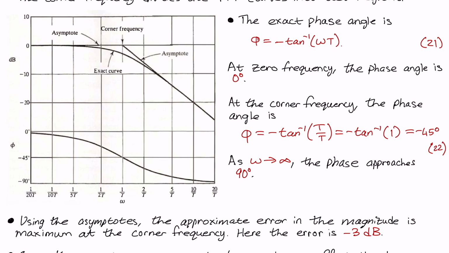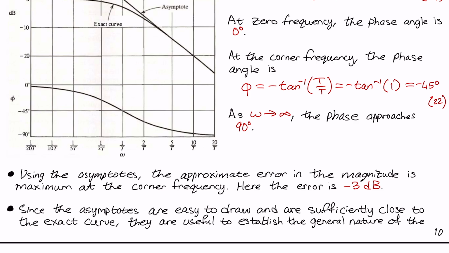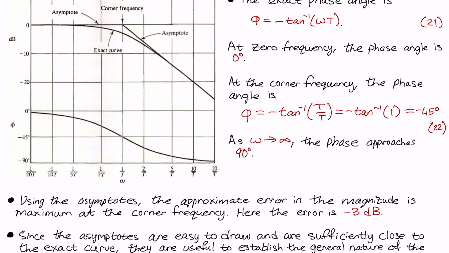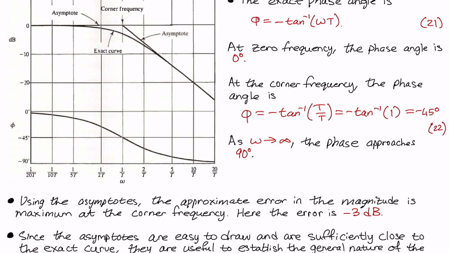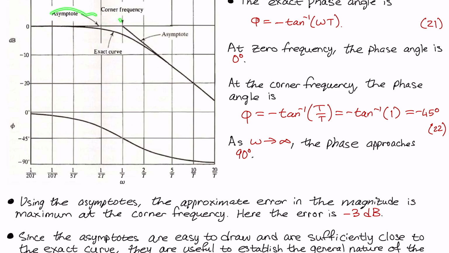Okay, so using the asymptotes, the approximate error in the magnitude is maximum at the corner frequency, meaning that if we just approximate our magnitude plot using this asymptote and this asymptote, we're going to have the maximum error at our corner frequency, and that error is minus 3 dB.